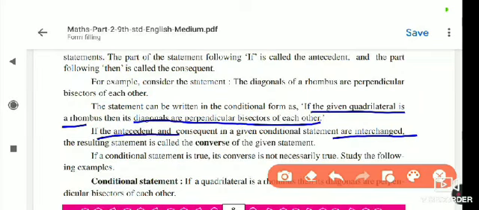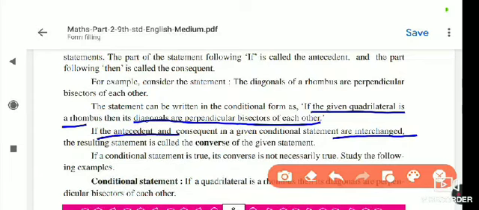How can we write this? If the diagonals of a given quadrilateral are perpendicular bisectors of each other, then the given quadrilateral is a rhombus. That is its converse. If the conditional statement is true, the converse is not necessarily true.